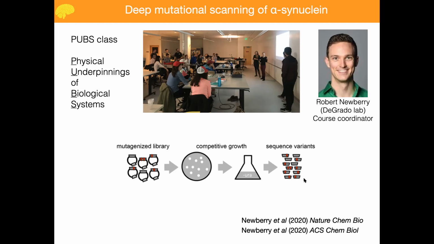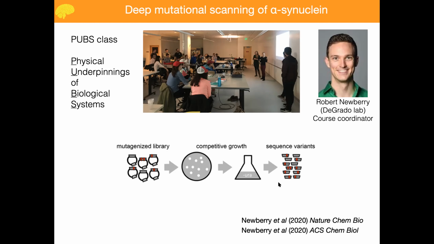naturally occurring in yeast. So we built a plasmid library of human alpha-synuclein with all possible single point mutations, and introduced this in yeast cells for competitive growth assays, taking samples of the population at different time points and using next generation sequencing to determine the frequency of sequence variants and how that changed over time in order to calculate fitness values.